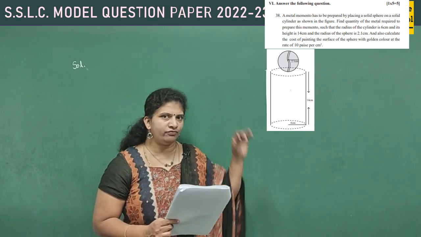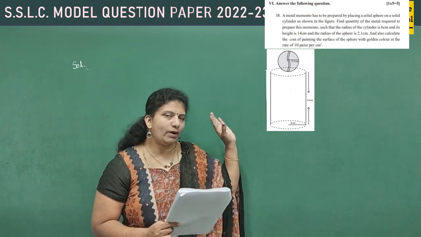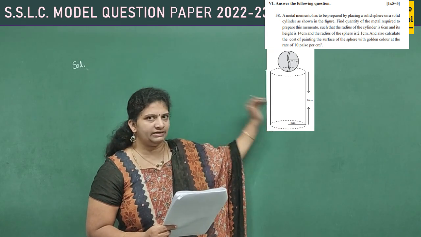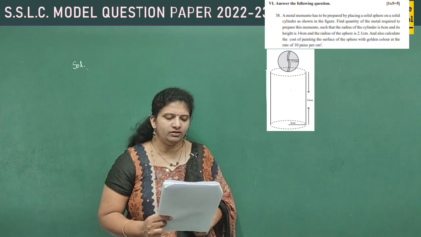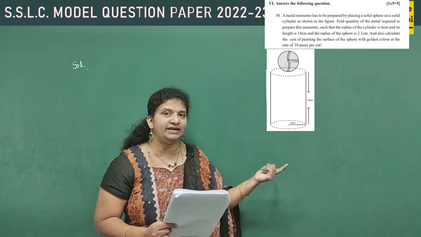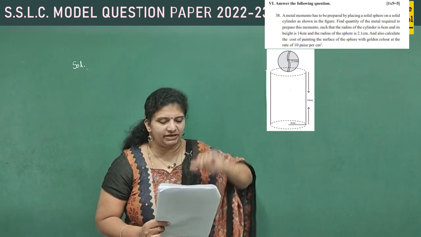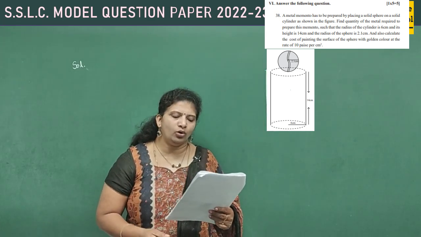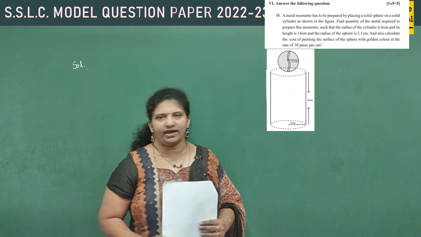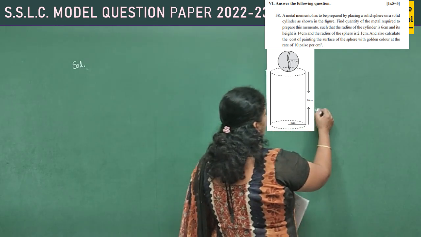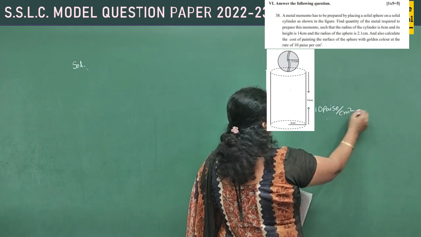First question, we need to find the quantity of the metal memento. Quantity in the sense volume of a cylinder plus volume of a sphere. And your next question, calculate the cost of painting, not the full solid, only painting the surface of the sphere with golden color at the rate of 10 pies per centimeter square.